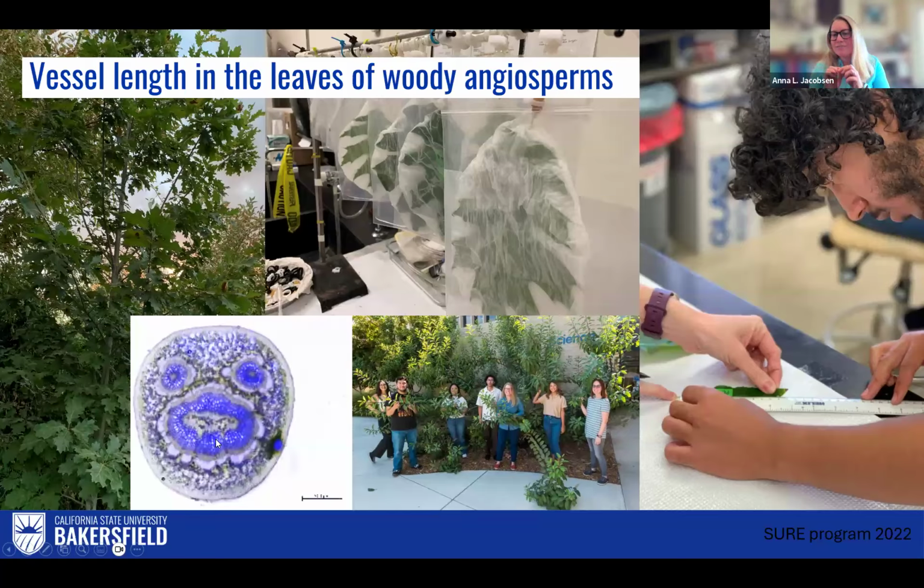That's actually the xylem tissue of the leaf, it's not woody. So it really changes in structure and arrangement as you move into the leaf. So we're looking at vessel length in the leaves of woody angiosperms. I am on sabbatical this coming year, and following up on this project so that we can bring it to be ready to publish is the focus of my sabbatical work.